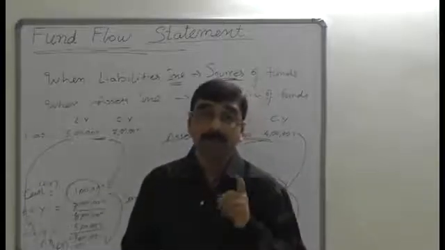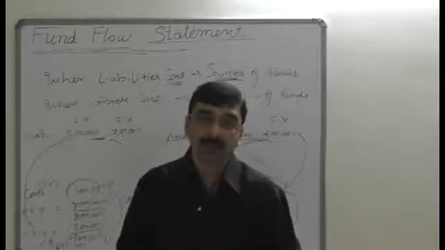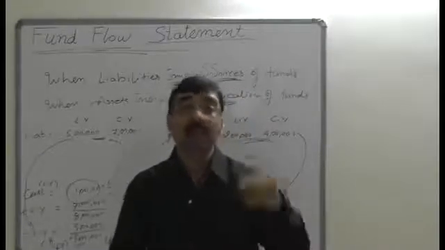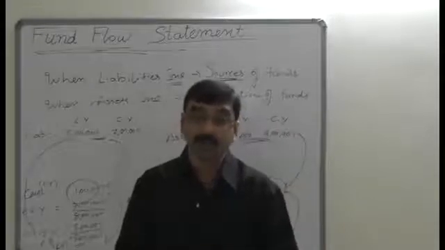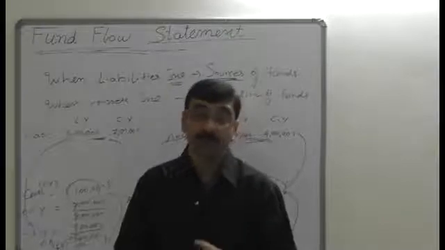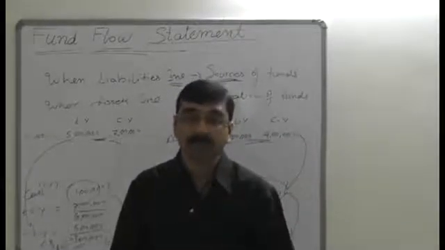And also transactions involving current liabilities and non-current liabilities like short-term borrowings, capital, and another part of the amount would affect the flow of funds. So this is all about the flow of funds so far as the fund flow statement is concerned.